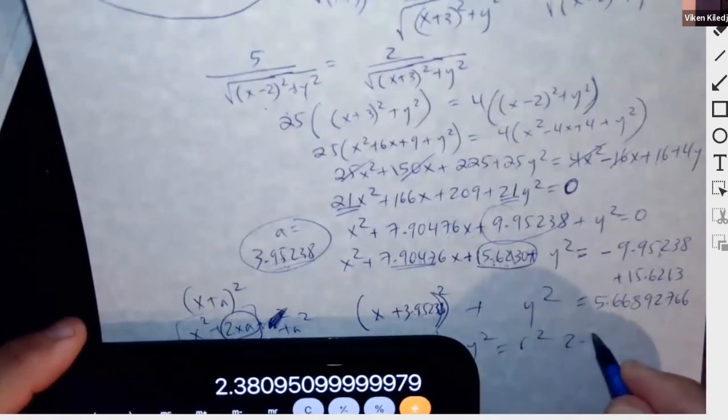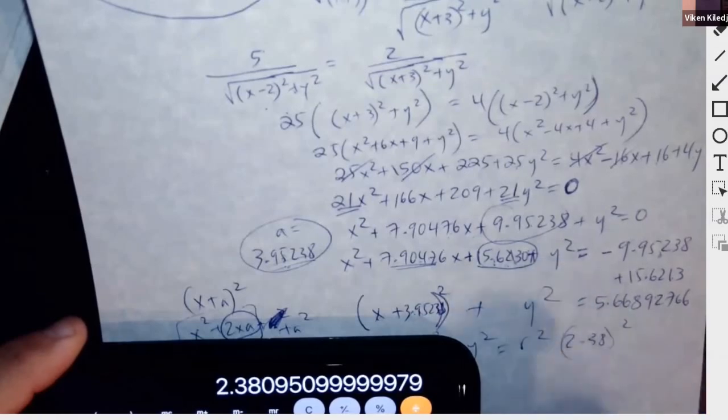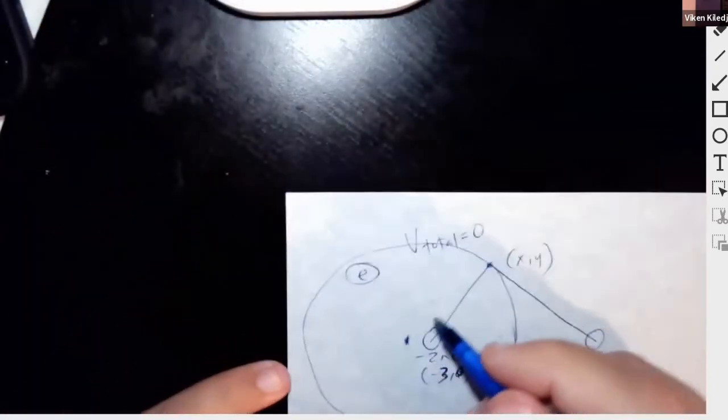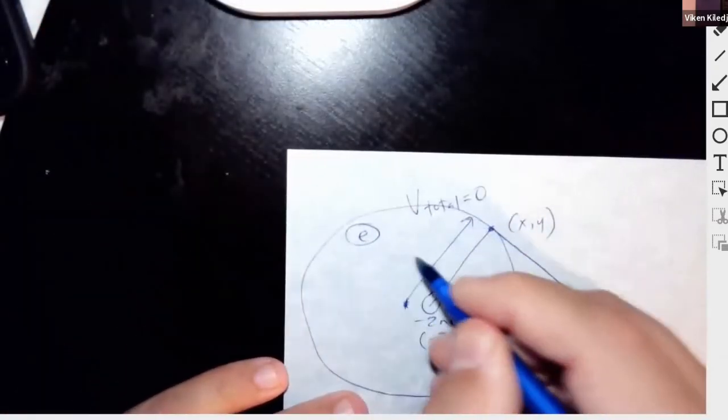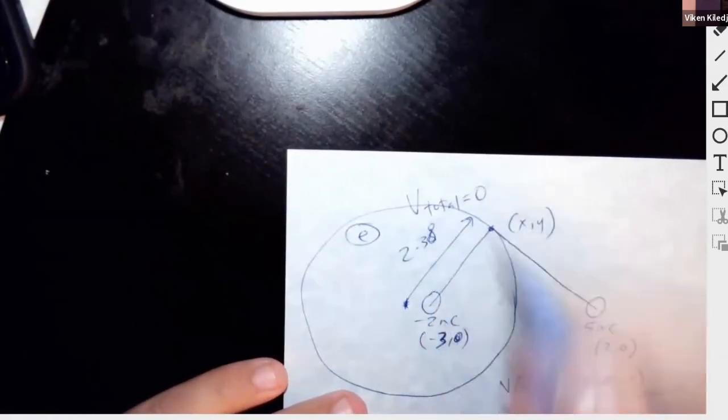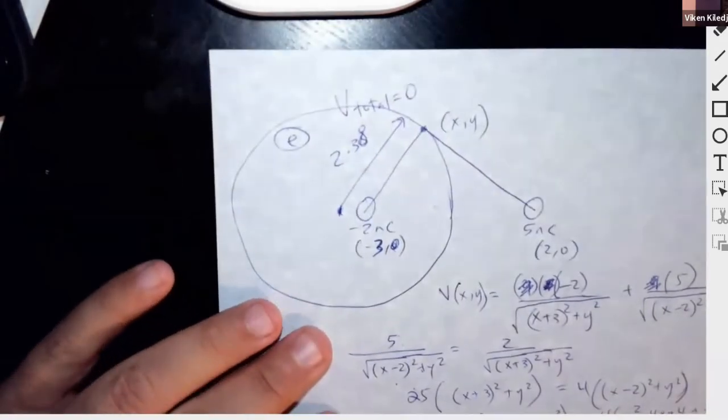So 2.38 squared would give you that, right? So then the radius of this circle is going to be 2.38 meters. Does that make sense?